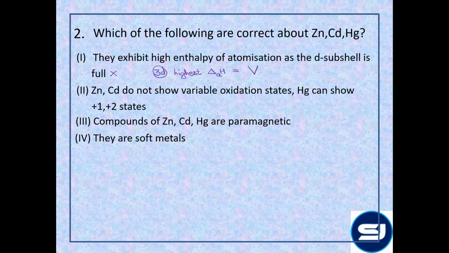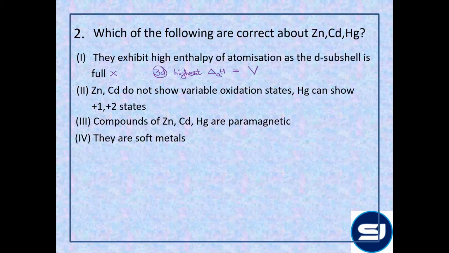The highest enthalpy of atomization is for vanadium and it depends on the number of unpaired electrons. So theoretically, chromium and manganese should have been the probable options, but because of the stable half-filled configuration, the enthalpy of atomization is exceptionally lower. So just remember that the highest is vanadium.